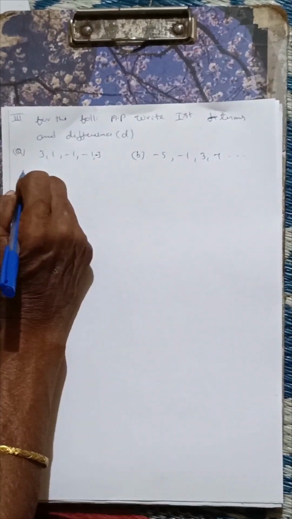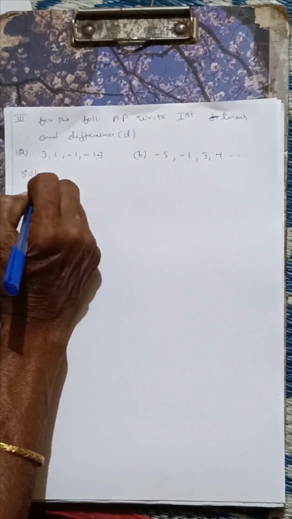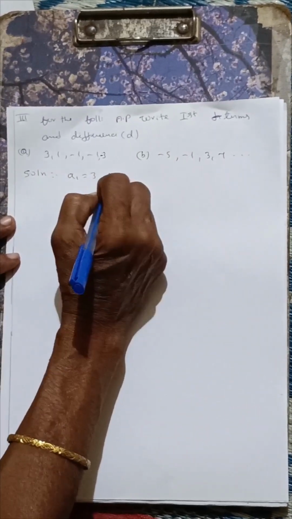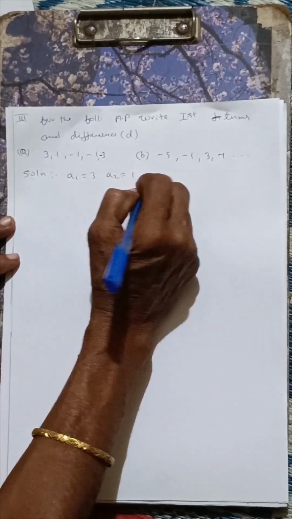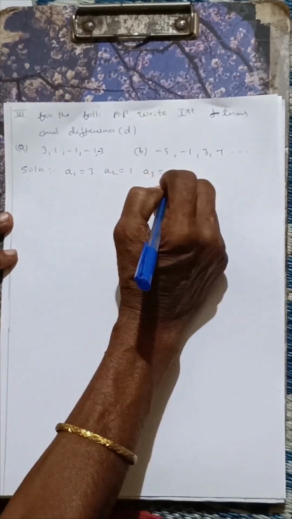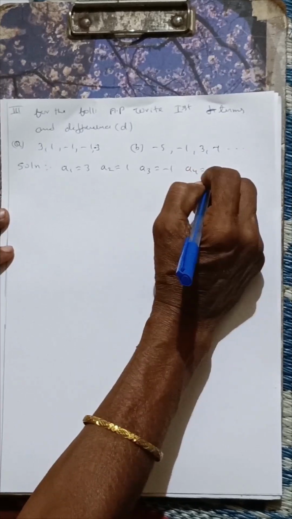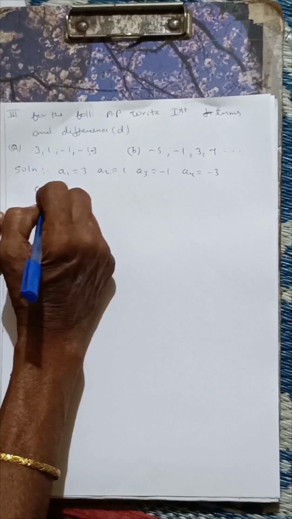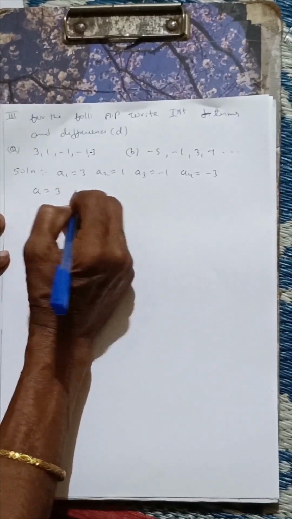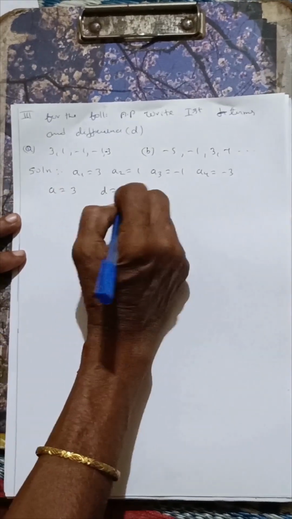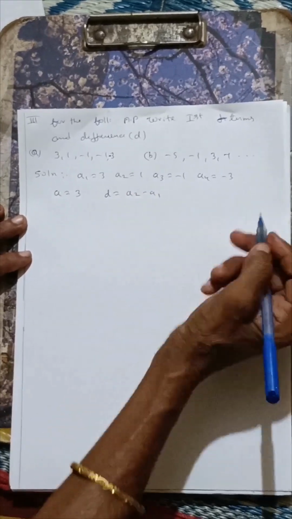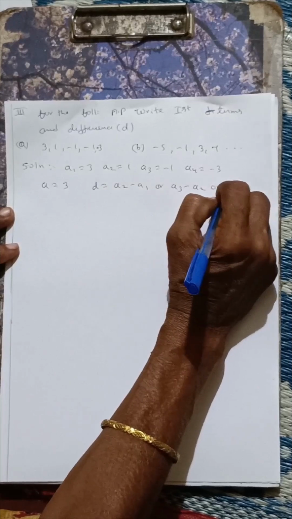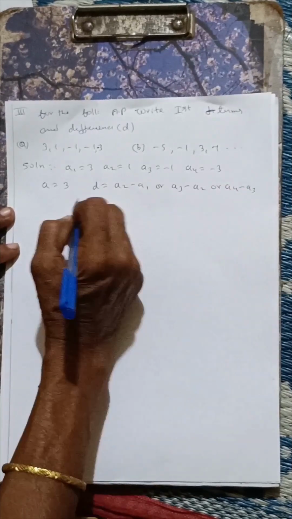So first question A, solution. Here A1 is 3, A2 is 1, A3 is -1, A4 is -3. Therefore A equal to the first term, that is 3. The difference equal to A2 minus A1 or A3 minus A2 or A4 minus A3.